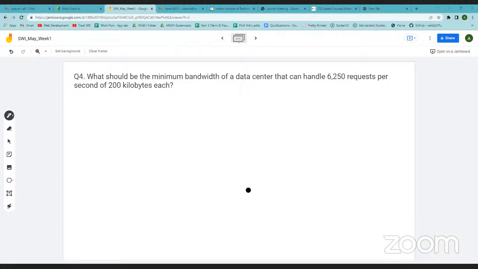Sir? Sorry, go ahead. For such questions, if we see in real life, the data center receives the request and responds with the content, web content. So per request, we have to consider the size of both, the request as well as the response. Correct.